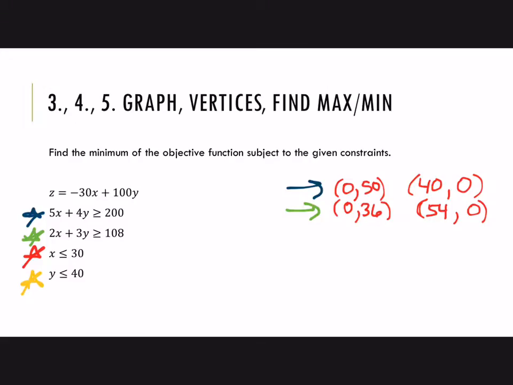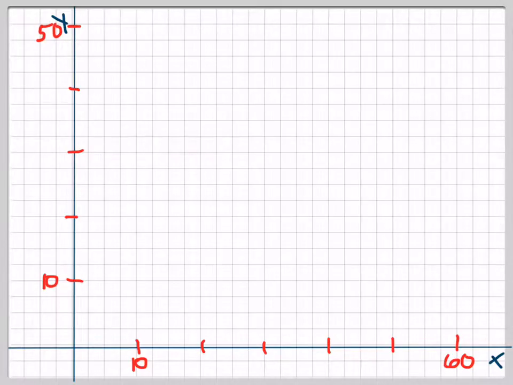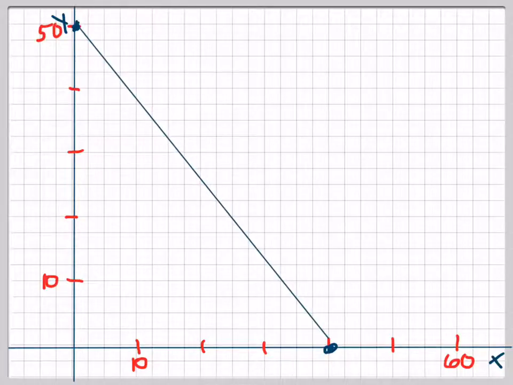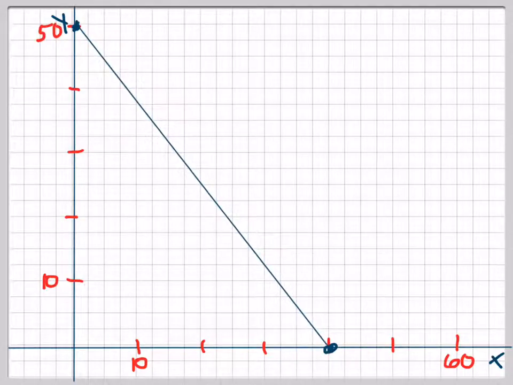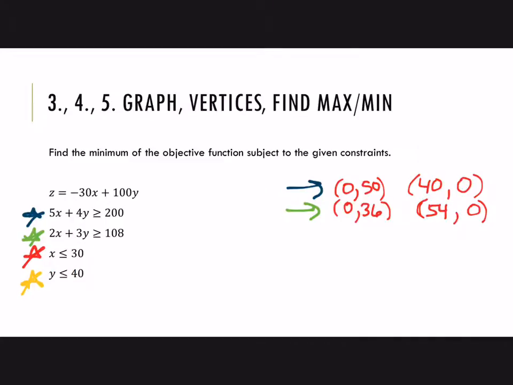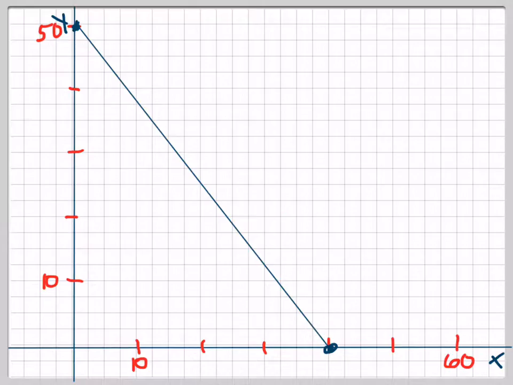Alright, so graphing the blue line, I need the points 0, 50, and 40, 0. Okay, here's 0, 50, here's 40, 0, and connect those. Alright, and then the green line, I need 0, 36, and 54, 0.